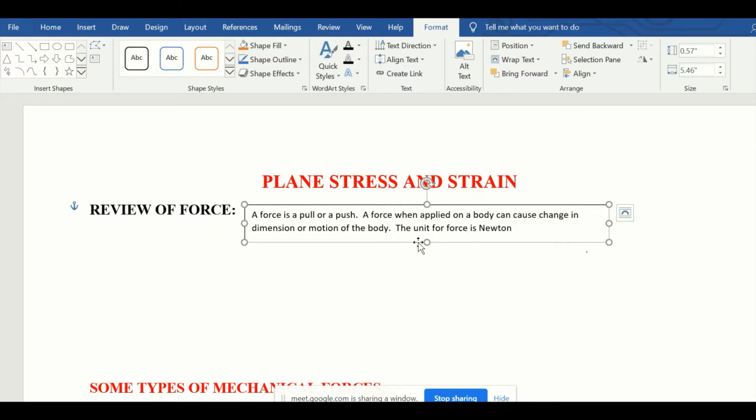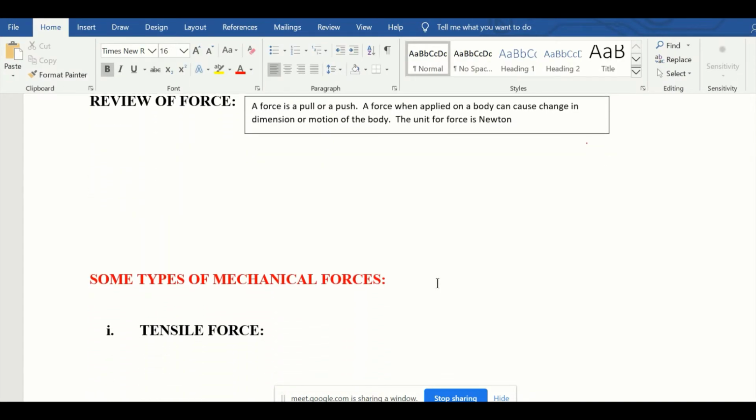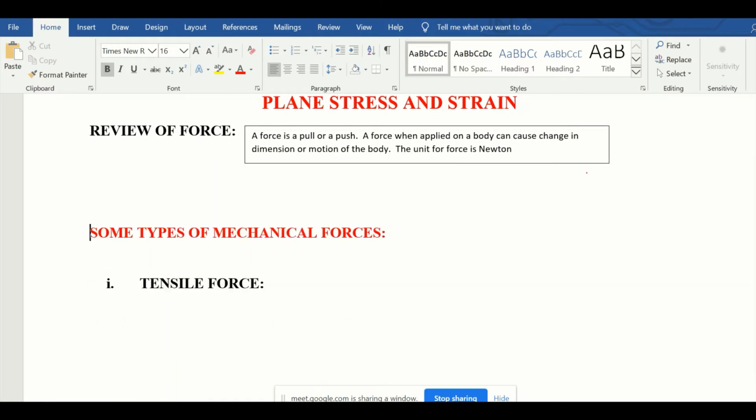So I'll be showing us at least 3 types of forces that affect materials. Now the first one I'll be showing us here is called the tensile force.